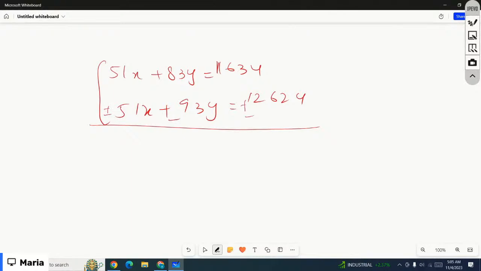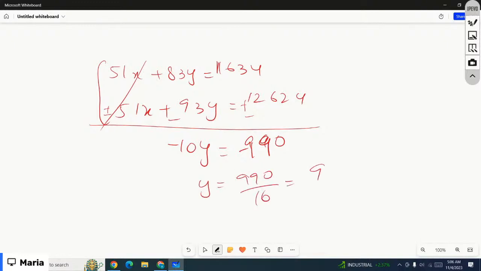When you subtract, 51x cancels out. 83 minus 93 is negative 10y, and 11,634 minus 12,624 is negative 990. So y equals 990 divided by 10, that equals 99. So y equals 99.